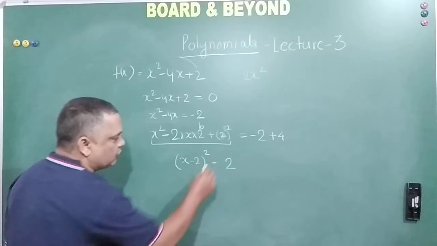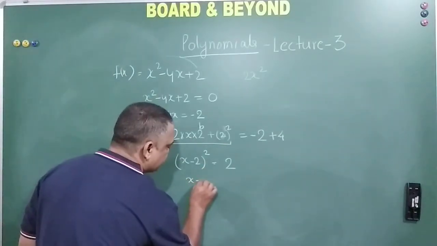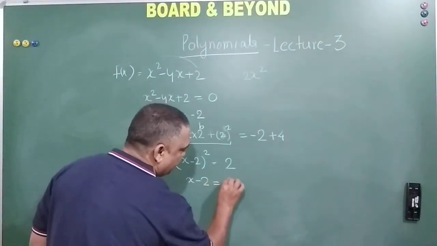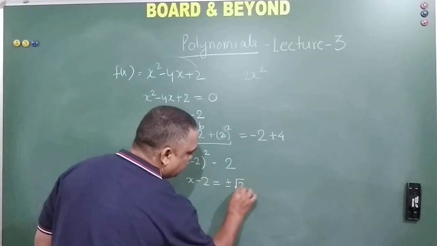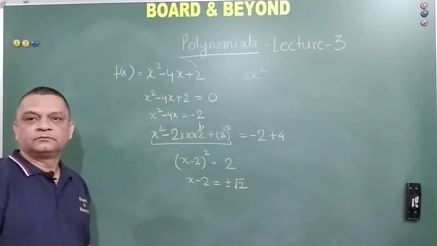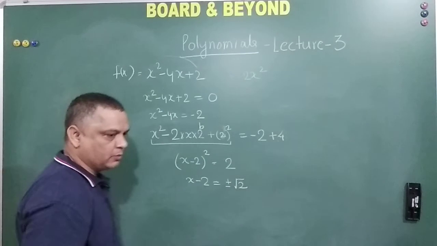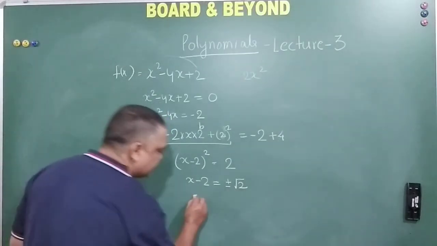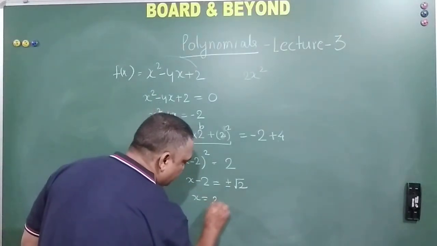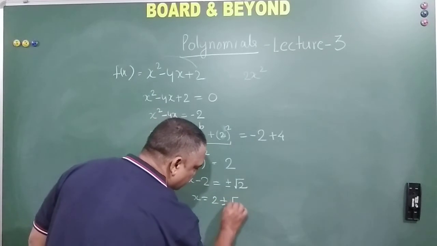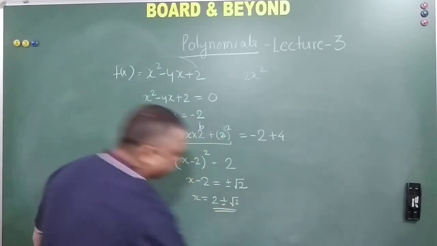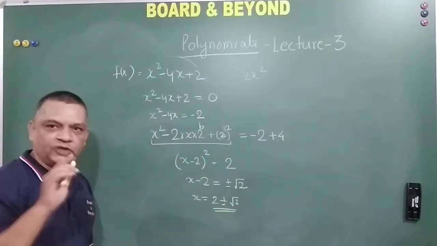Okay. So this suggests that x minus 2 is equal to plus or minus root 2. You are getting my point? I am taking a square root on both the sides. So this suggests that x is equal to 2 plus or minus root 2. You are getting?